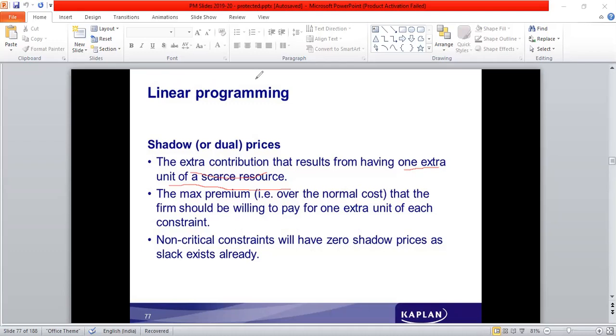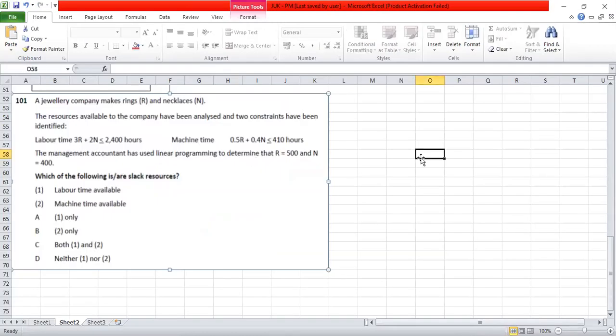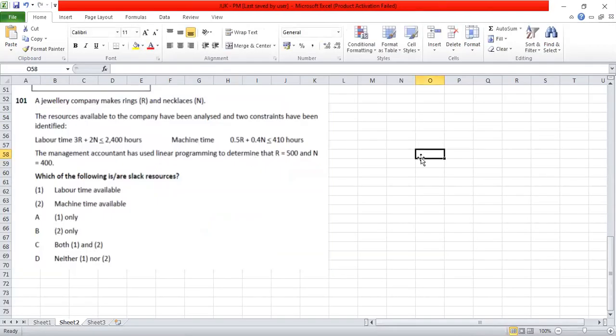While looking into the questions, we'll try to understand the meaning of slack and the meaning of shadow price. Question number 101.